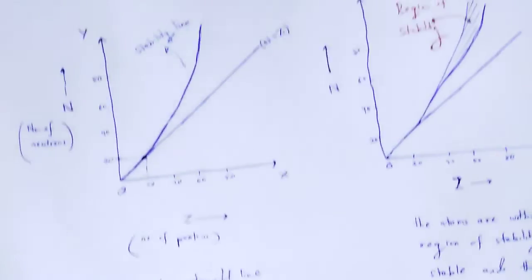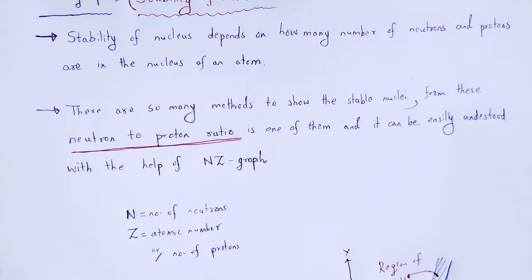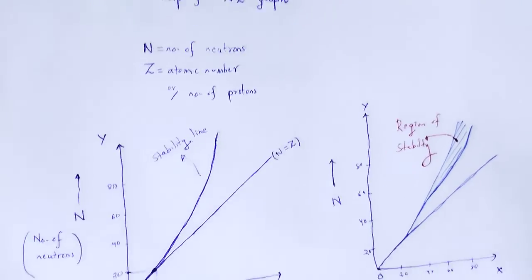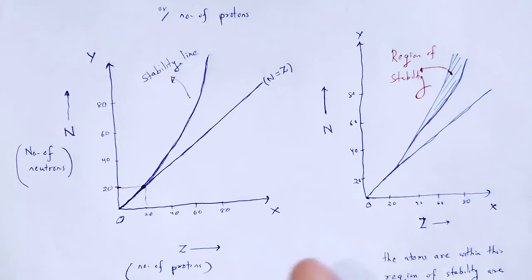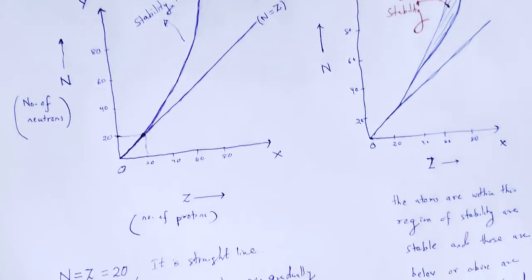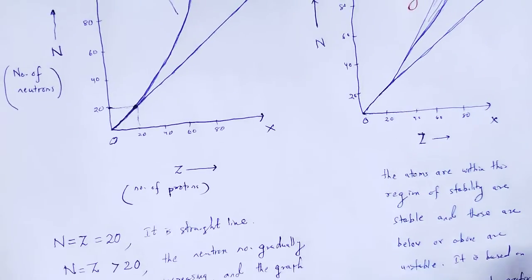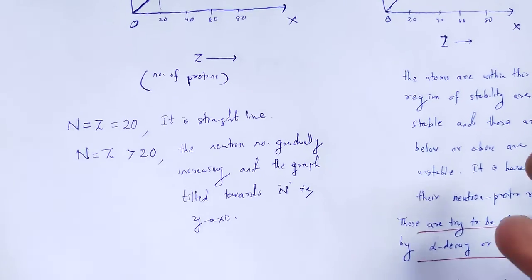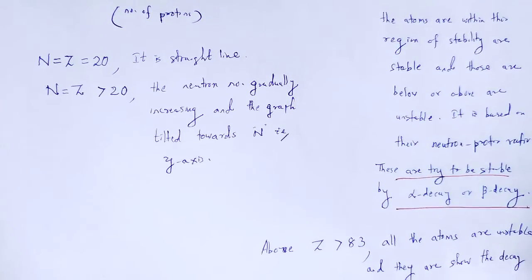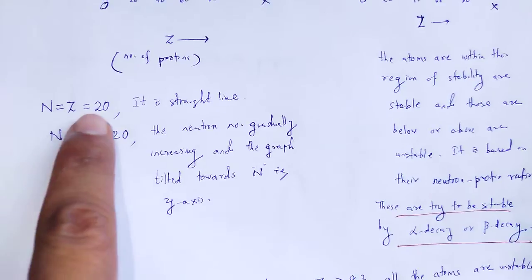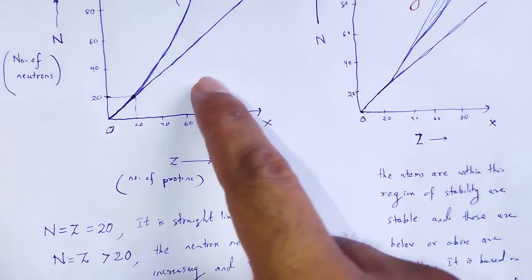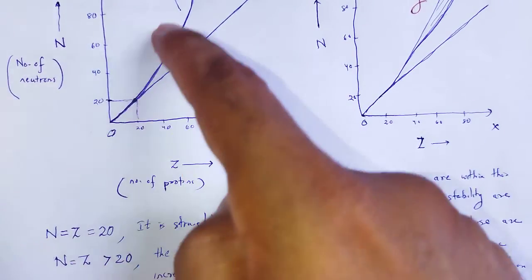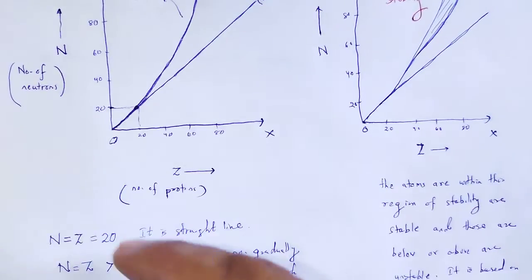On the basis of the NZ graph, which basically denotes the stability of a nucleus, that is the neutron to proton ratio, we see how the stability of these atoms is categorized. Up to 20, and above 20 the number of neutrons increases, that is the stability line.